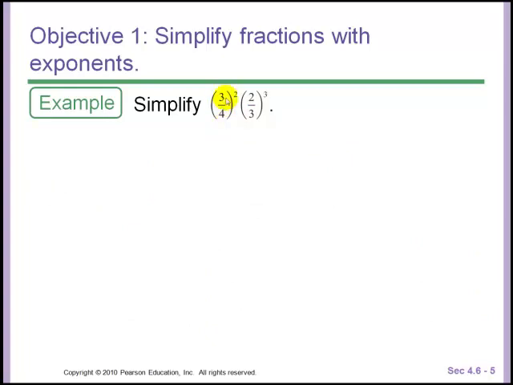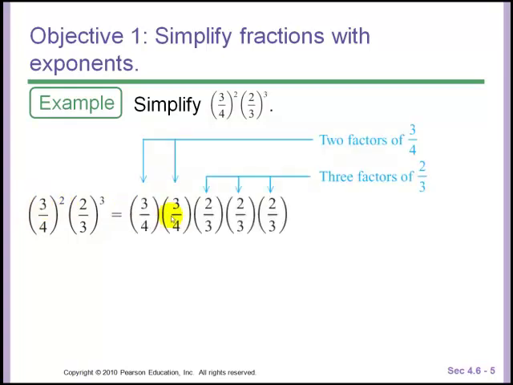Simplify 3/4 to the second power times 2/3 to the third power. 3/4 to the second power means we're going to have 3/4 multiplied with itself 2 times, times 2/3 to the third power means we'll have 2/3 3 times. So we have 2 factors of 3/4 and 3 factors of 2/3.